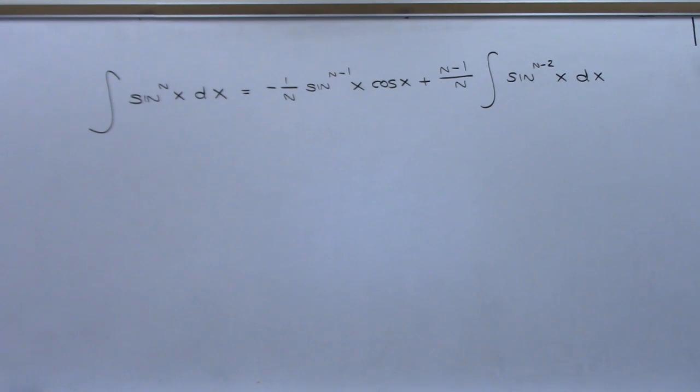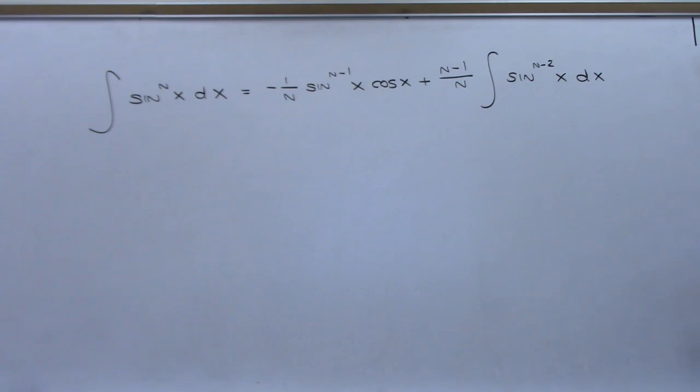Let me just double check that. Negative 1 over n sine n minus 1 x cosine x plus n minus 1 over n integral of sine to the n minus 2 x dx. That's it. Okay. So this is a formula in the book, and this is what we call a reduction formula.